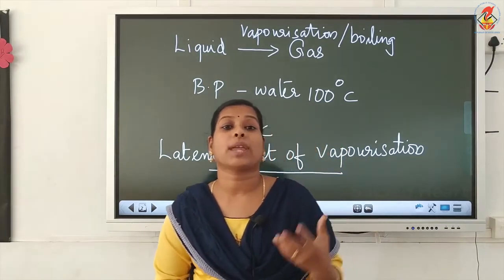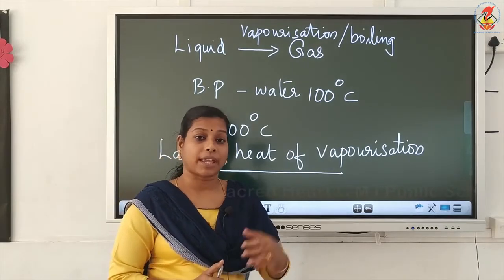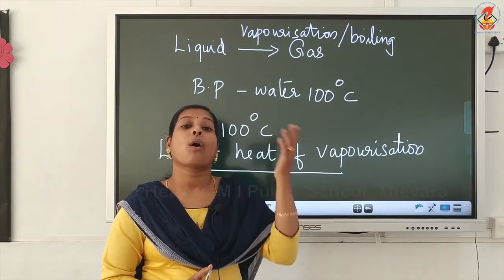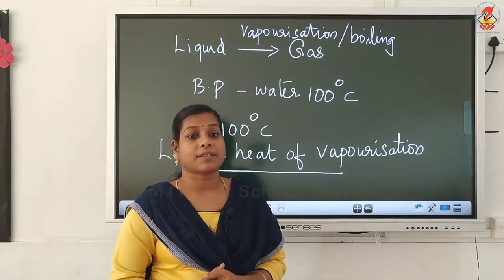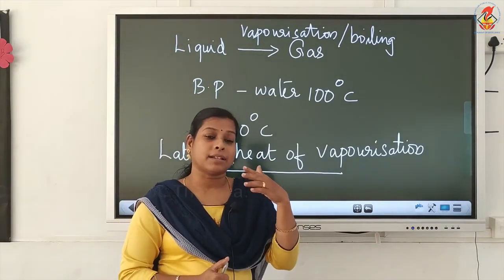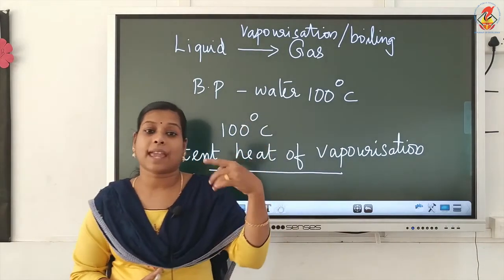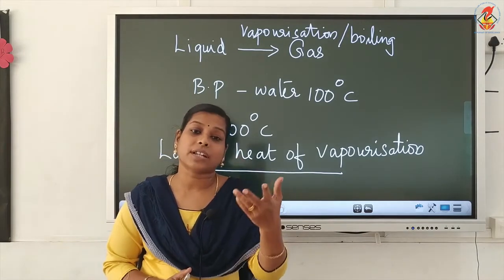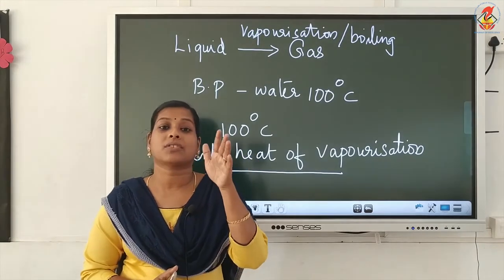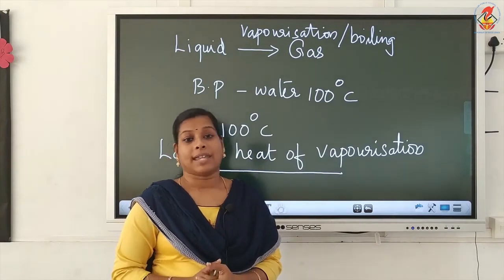And this is how we can change the states of matter by changing the temperature, either by increasing the temperature or by decreasing the temperature. So, now we have seen how we can change the state of matter by changing the temperature, and we have seen solids can be heated to convert into liquids, and again if you are heating the liquids, if you are increasing the temperature, those liquids will be changing into gaseous state.